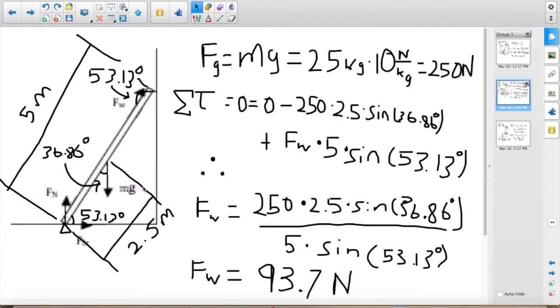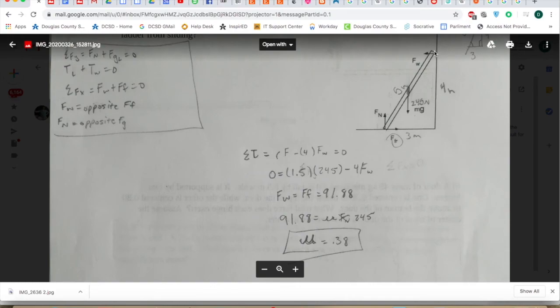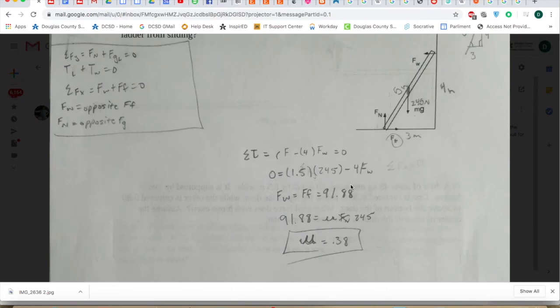Additionally, the 2.5 meters halfway up the ladder times the sine of 36.86 degrees is going to get us 1.5 meters because we actually used this triangle right here in order to find that angle. So that's why it does work to use that vertical height and that horizontal distance as your R values, because that's essentially taking into account the sine of the angle.